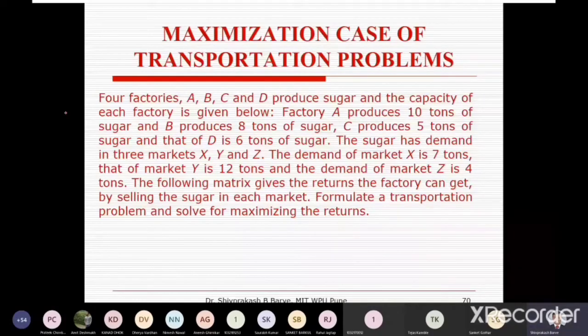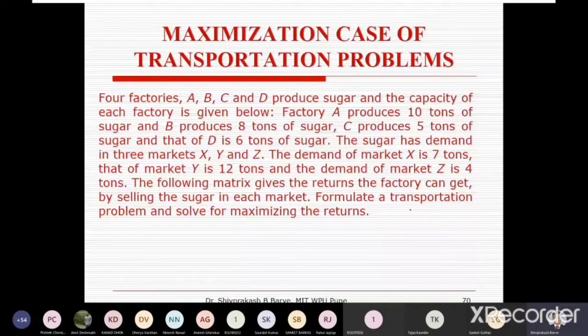So now we are going to solve the maximization case of transportation problem. Here we solve one numerical. Four factories, named A, B, C and D, produce sugar. Factory A produces 10 tons of sugar, factory B produces 8 tons, factory C produces 5 tons, and factory D produces 6 tons per shift.